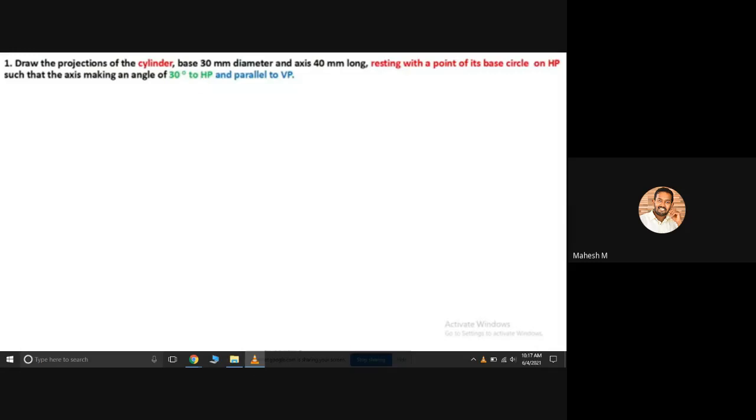So you have to create your circular base in the top view position. And also you can read the red color highlighted words, resting with a point of its base circle on HP. So any one point from your base circle should touch the HP.